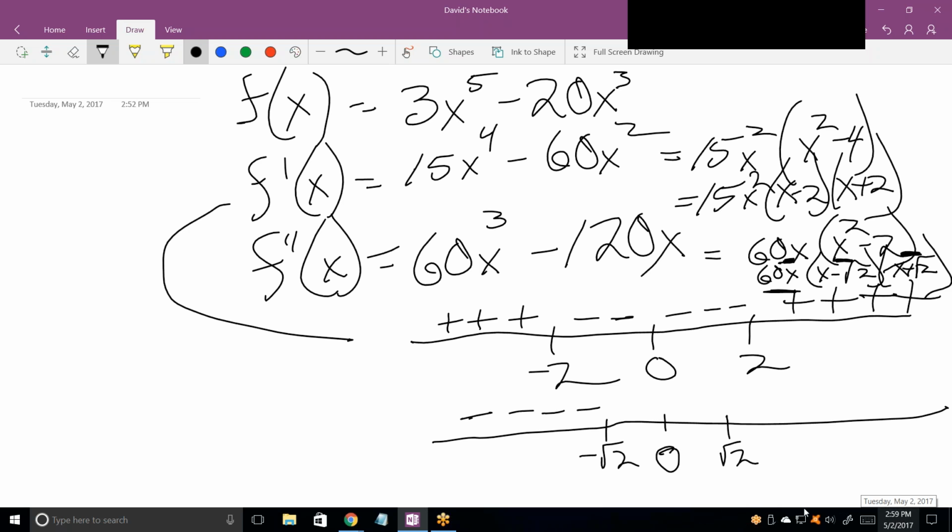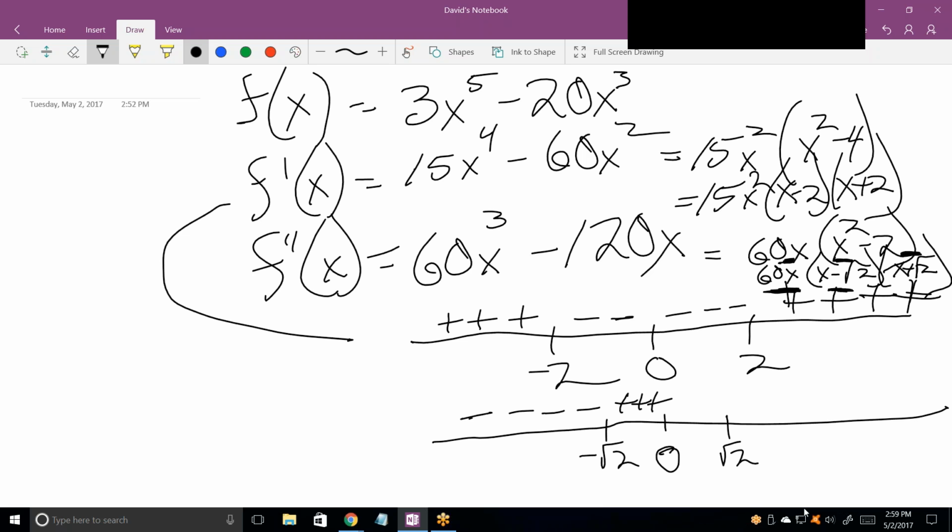Pick a number between 0 and -2. How about -1? That's minus, minus, minus, plus. So that's plus. Pick a number between 0 and square root of 2, like 1.